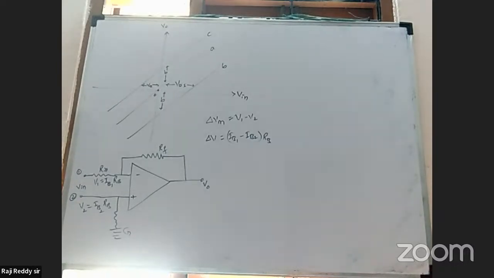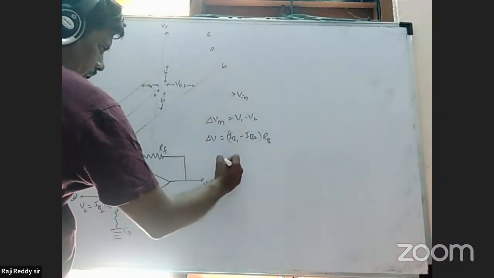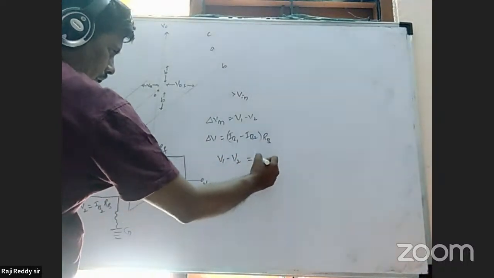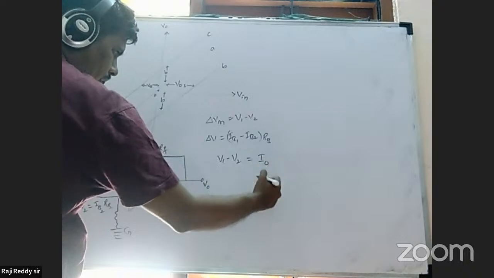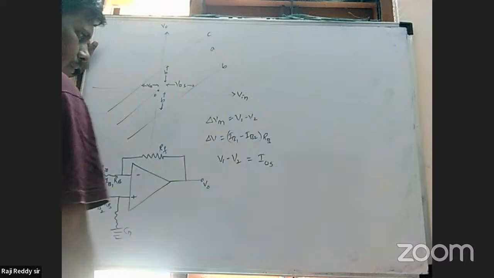This difference current in the input source can be written as: V1 minus V2 is equal to the input operational amplifier source current IB1 minus IB2.